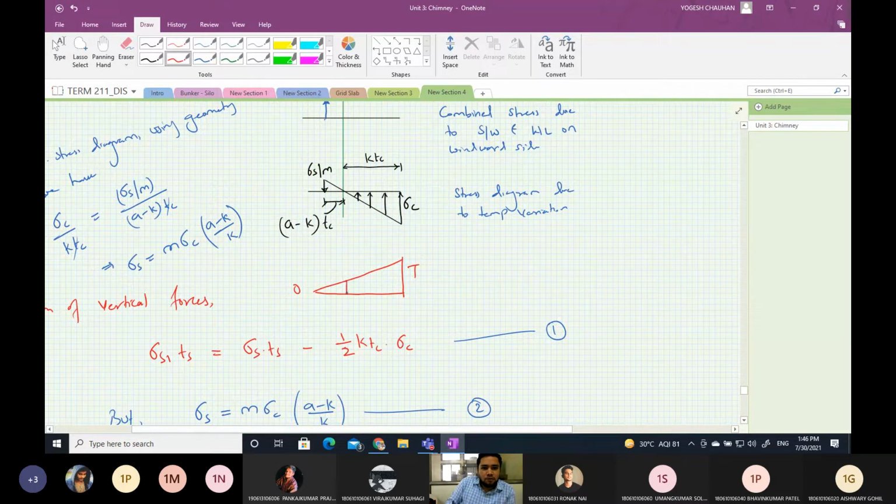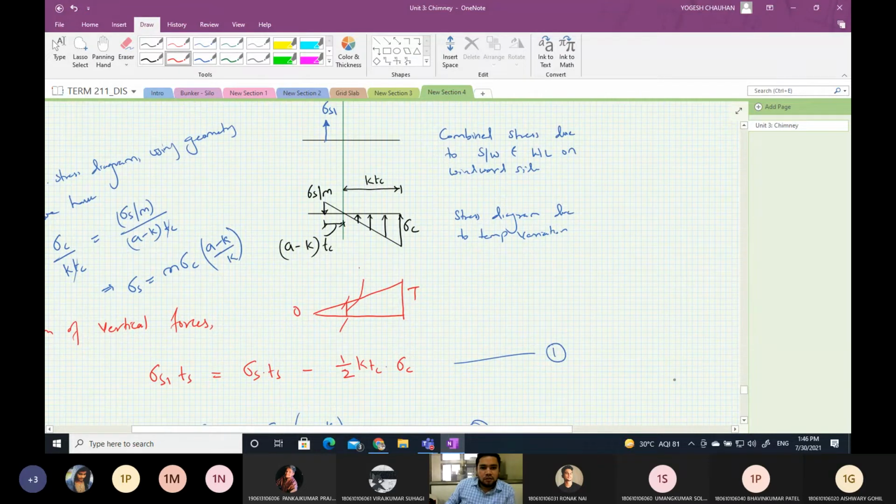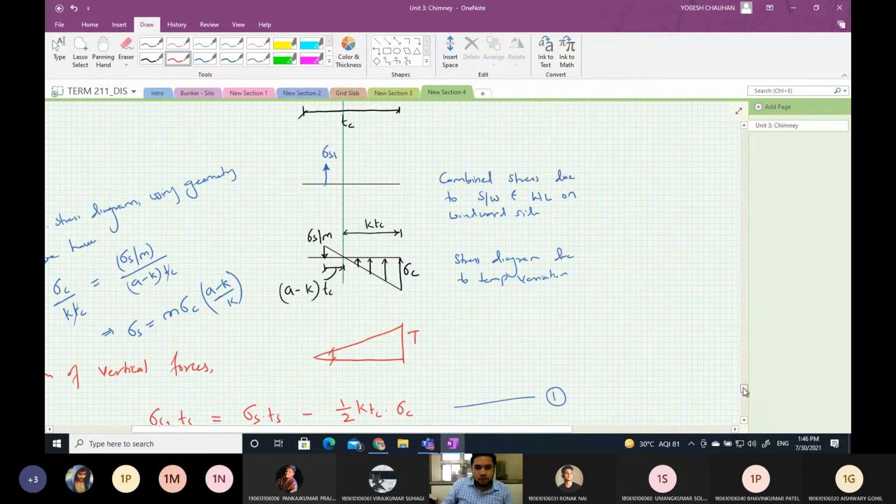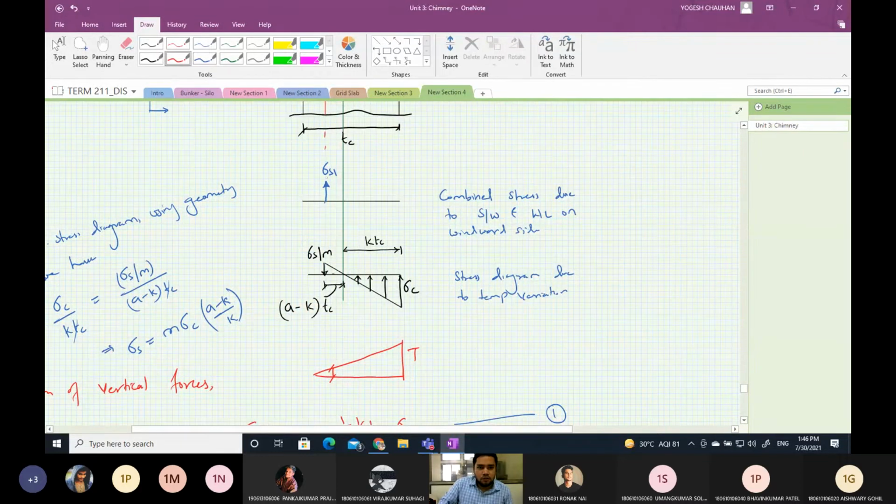So corresponding to this level, the level of the reinforcement, which is the level of this reinforcement, this.